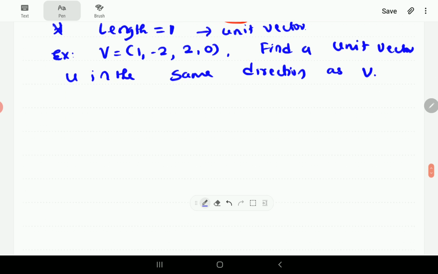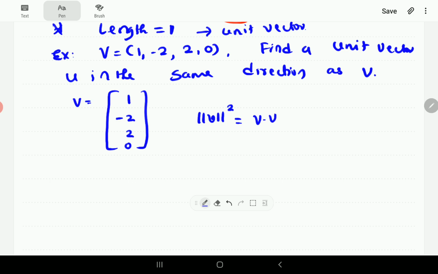First we have to compute the length of v. Given v equals (1, -2, 2, 0), the length is norm v. Either you find norm v, or you also know that norm v squared is v dot v.